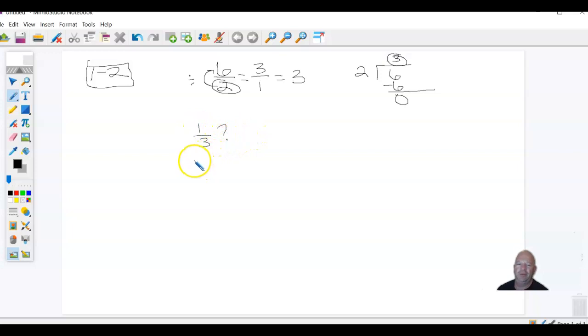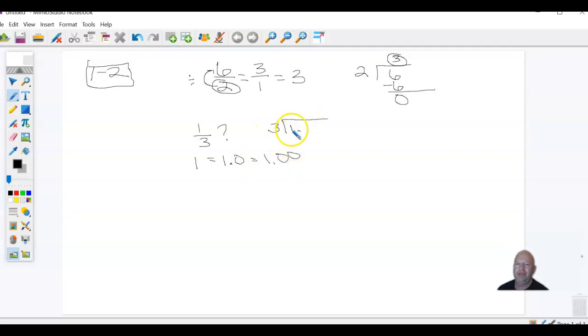One thing I want to point out is that 1 is the same thing as 1.0 or 1.00. As long as the number in front of the decimal is the same as this whole number out here, then we're good to go.